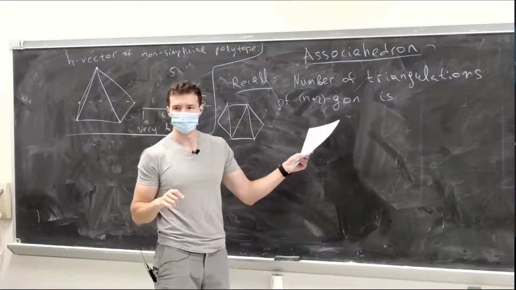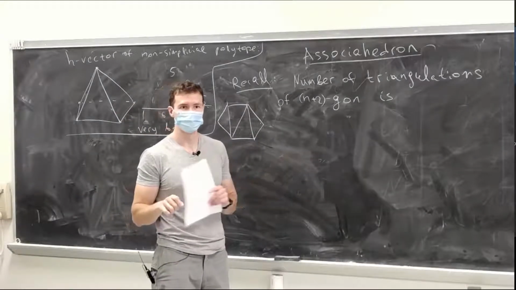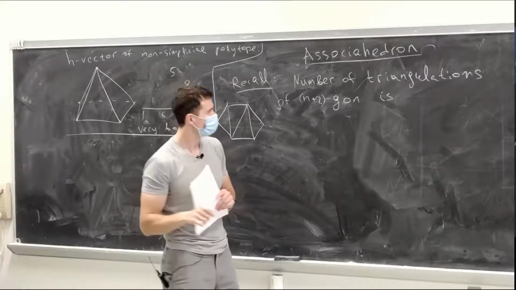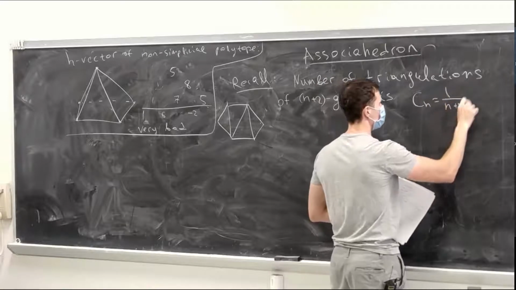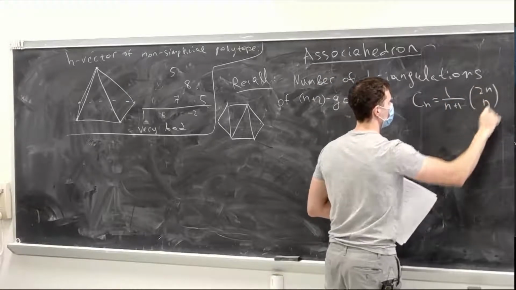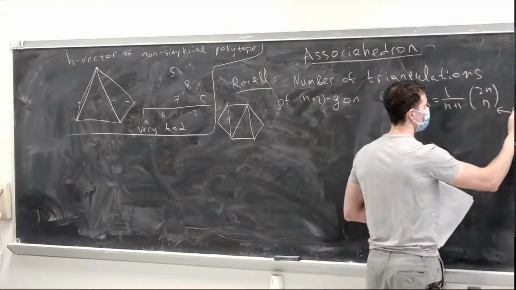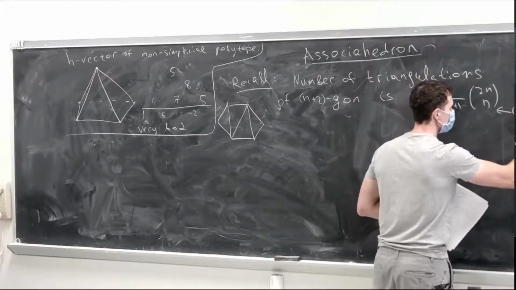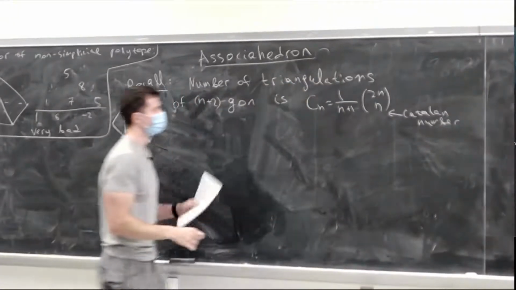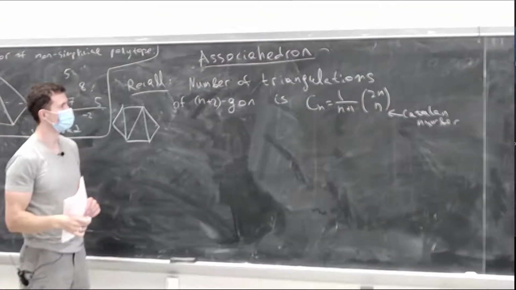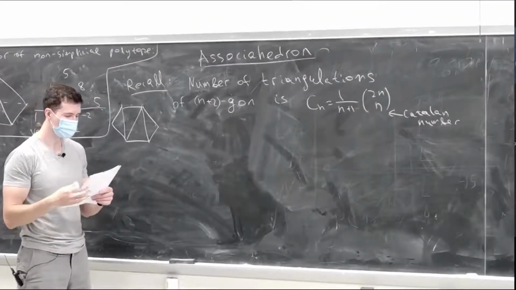So what is this number? The nth Catalan number, C_n = 1 over n+1, 2n choose n. That's the Catalan number. Very nice numbers, super important in all of combinatorics.